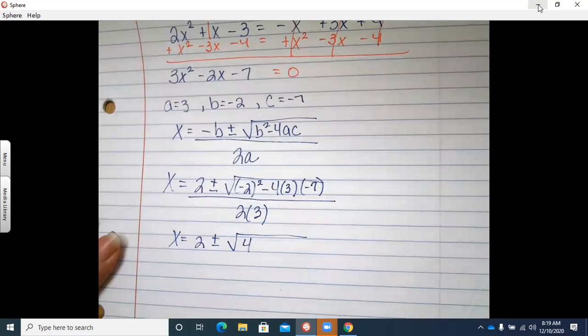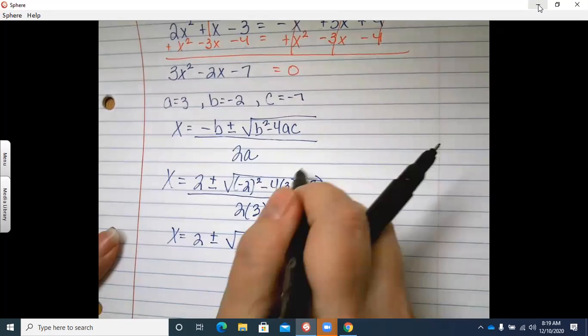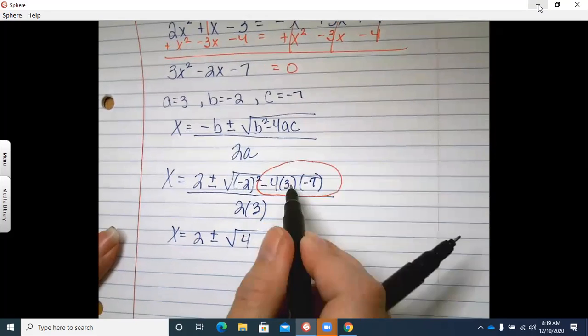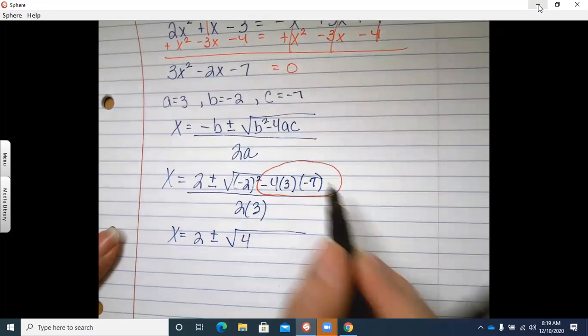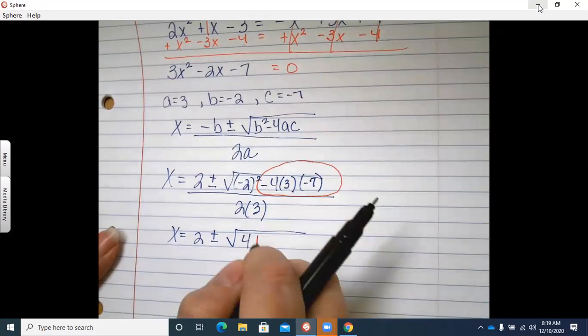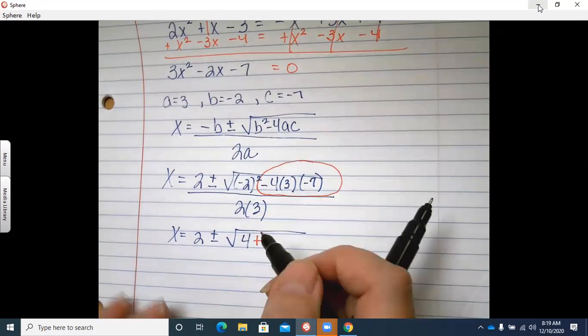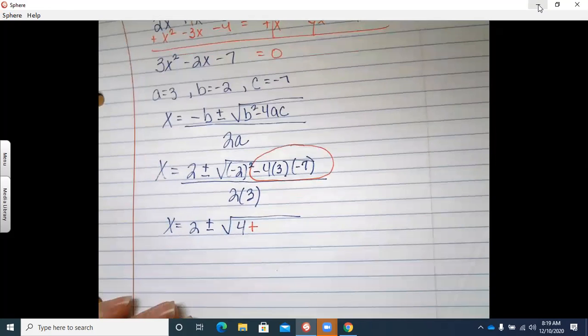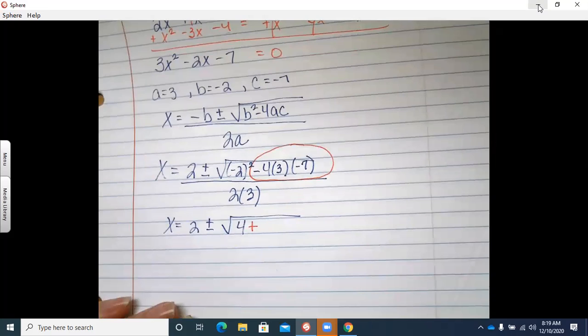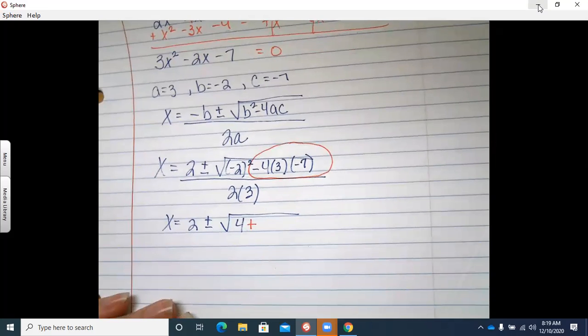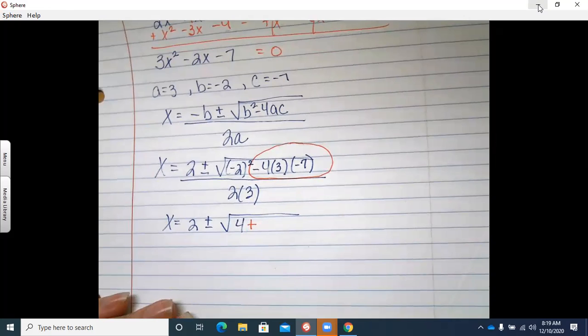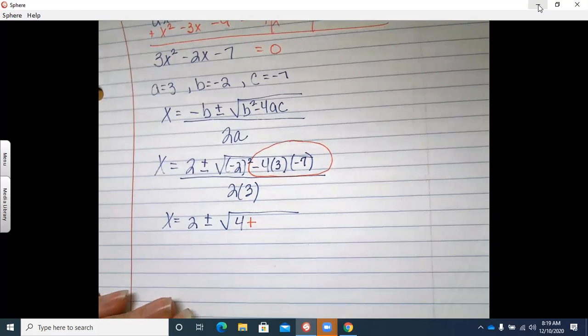Let's figure out what my sign is going to be for negative 4ac. I've got a negative times a positive times a negative. I'm going to be adding, right? Okay. And then 4 times 3 is 12. And 12 times 7 is, oh, no, 84. 12 times 7, 84. So we're adding 84.